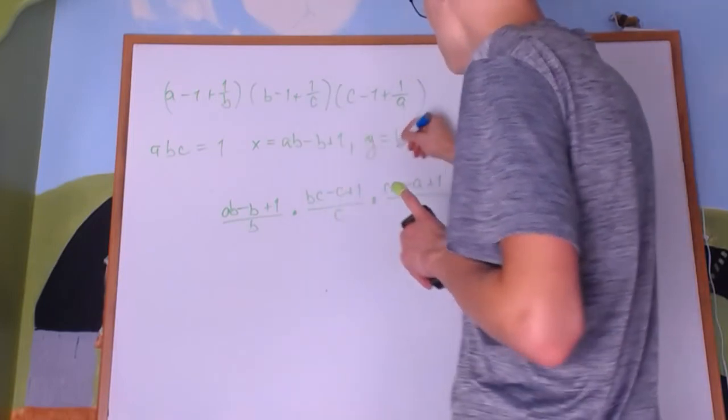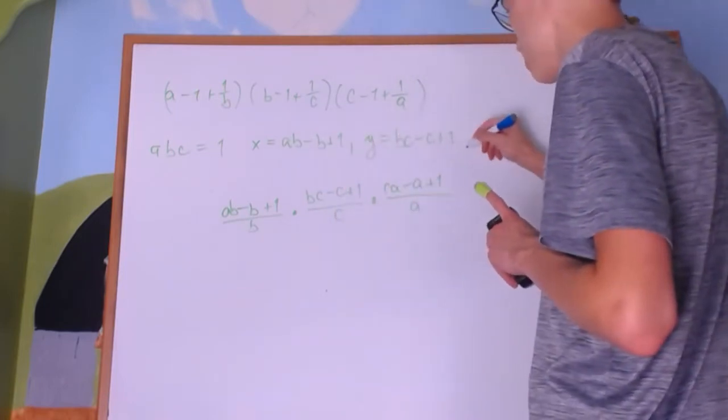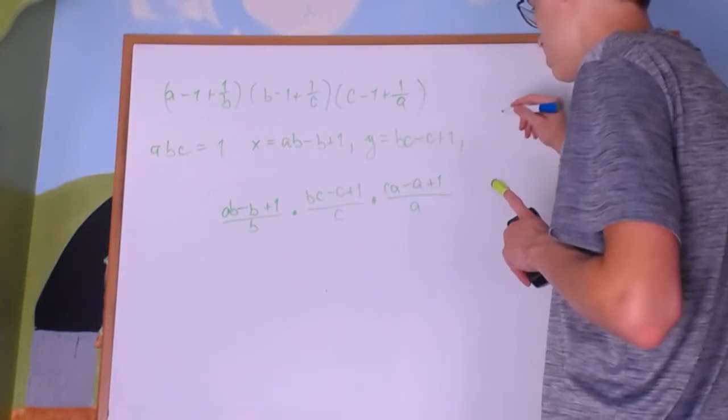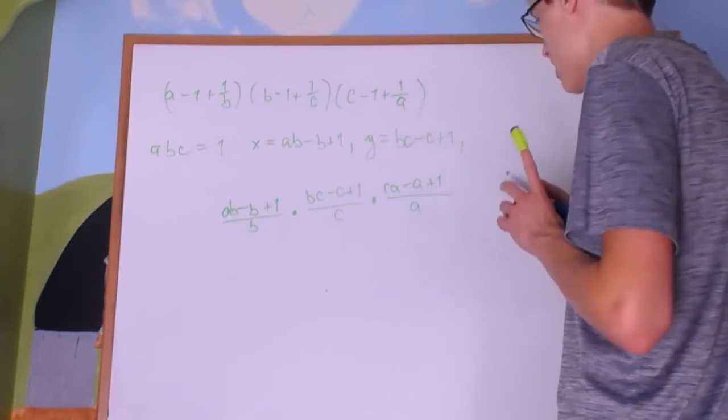Y is BC minus C plus 1. No, that wouldn't help still.